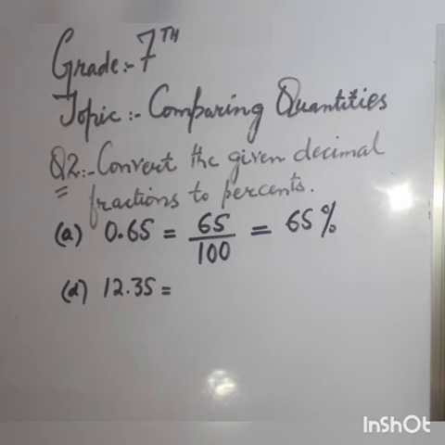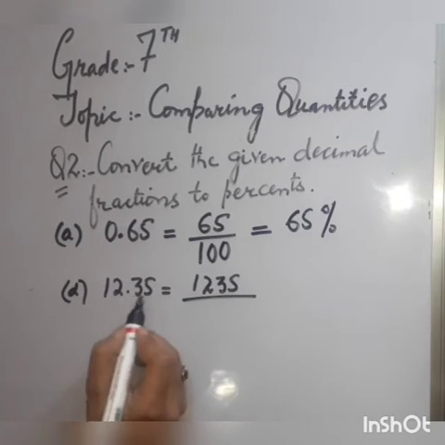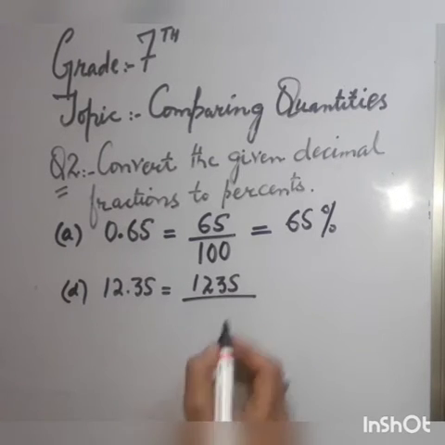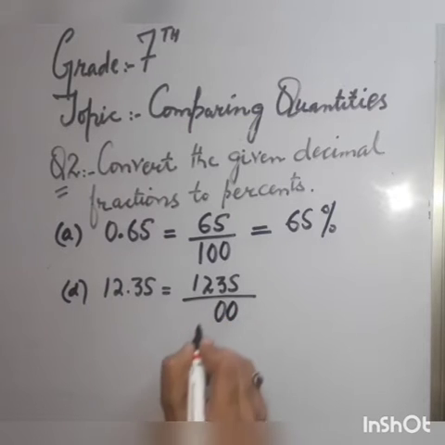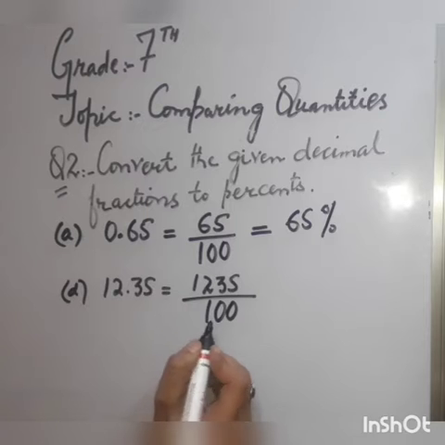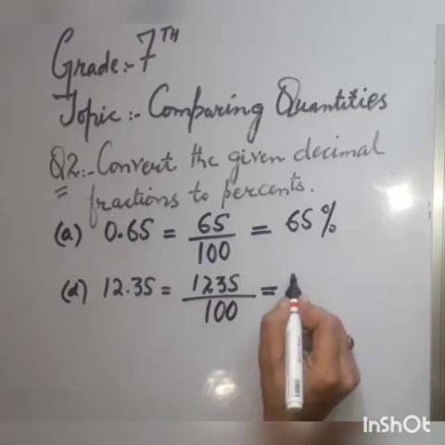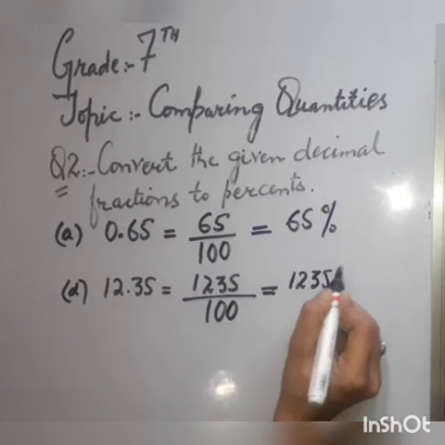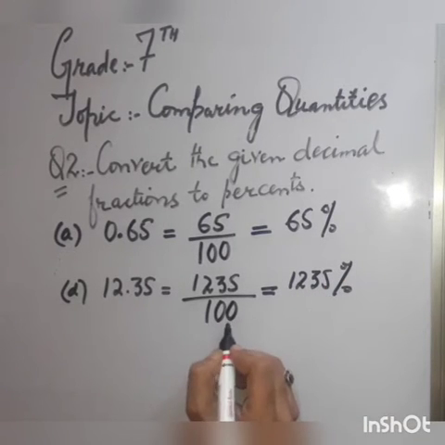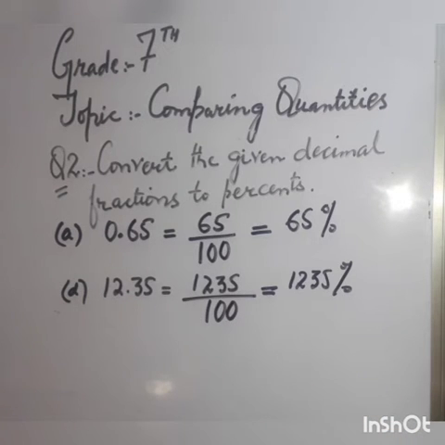Again, we can write this 12.35 as 1235 by, here we have two decimal places again, so we'll place two zeros and 1, that is, we'll have 100 in the denominator. Now, we have 100 in the denominator, that means we can simply write this as 1235%, removing this 100 from the denominator and instead of this 100 we'll write the percent sign. Clear? Part B and part C you will solve yourself.